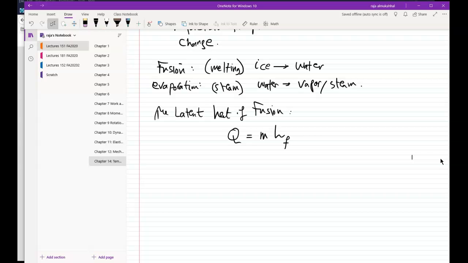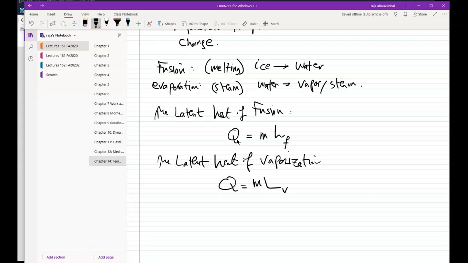So the latent heat of fusion is at that 0 degrees, where you need energy to make the ice melt into water. And the latent heat of vaporization, which is Q equals mL sub V, is how much energy you need to make that phase change.